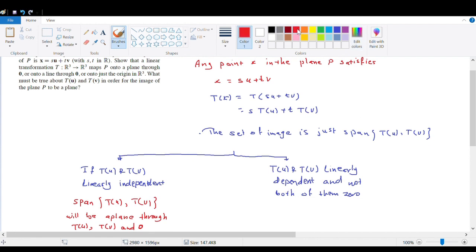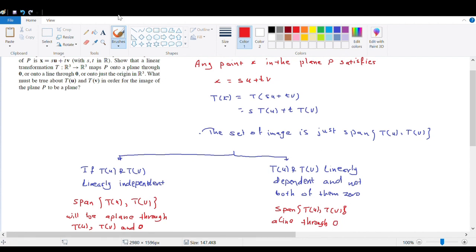So here the span of TU, TV will be a line through 0.